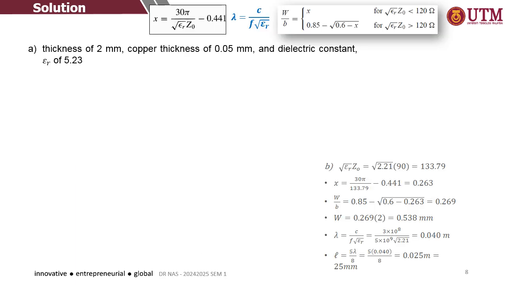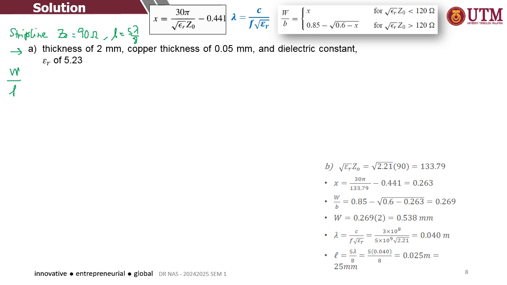Okay, let's try this out. The given question just now has the strip line with Z0 equal to 90 ohm and the length given as 5 lambda over 8. You need to calculate the width and the length if the substrate used has these properties. To get the W and also the length, refer to the related equations.